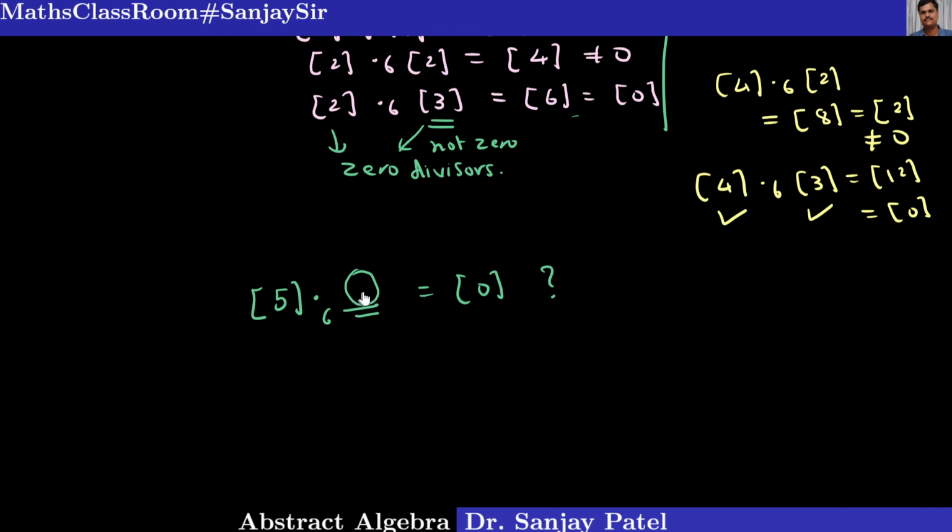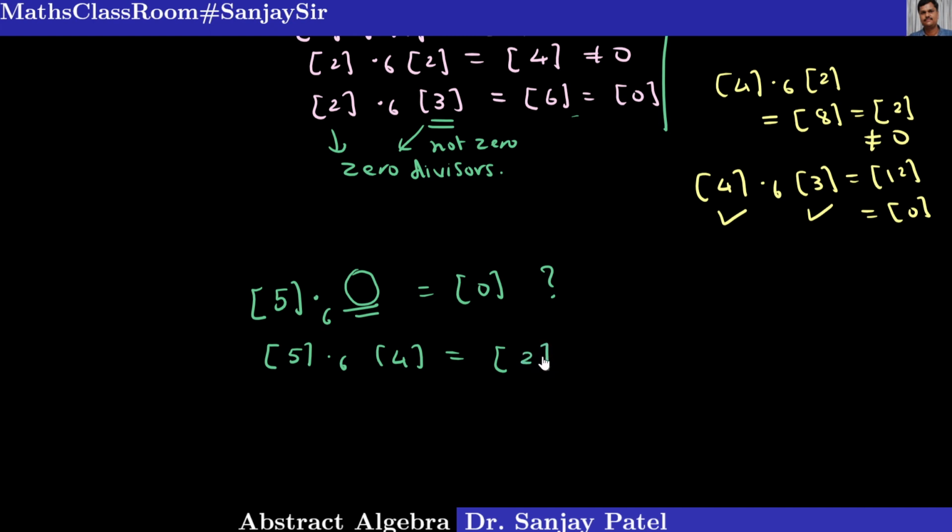Then 5 4s are 20, by putting 4 here, equivalence class of 4. So 5 into 4 is 20, and 20 divided by 6 gives remainder 2, because 6 3s are 18.